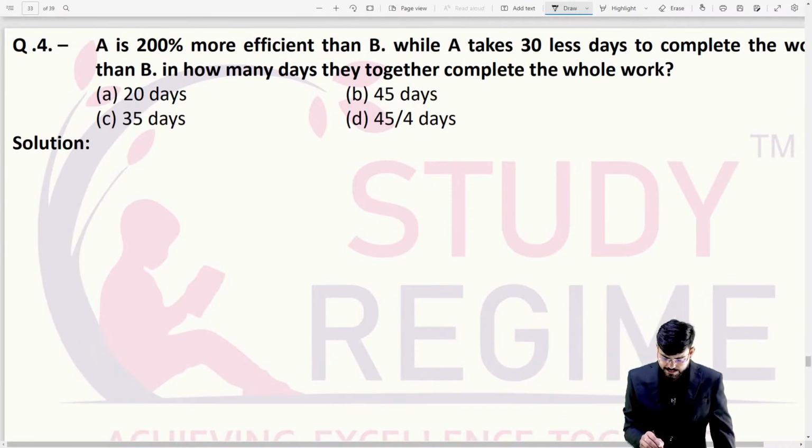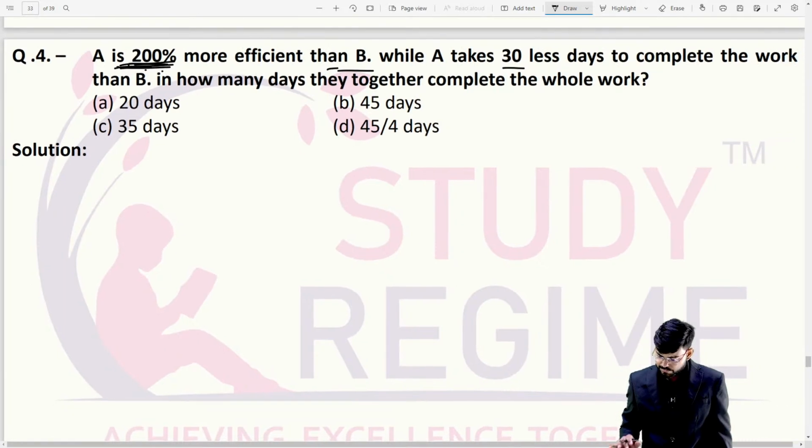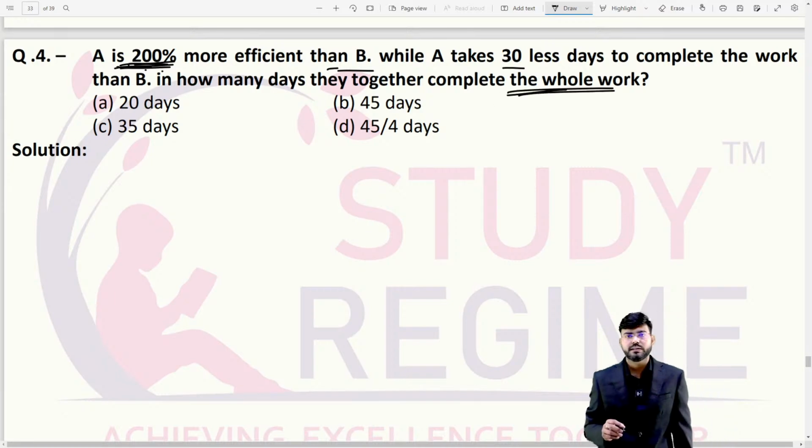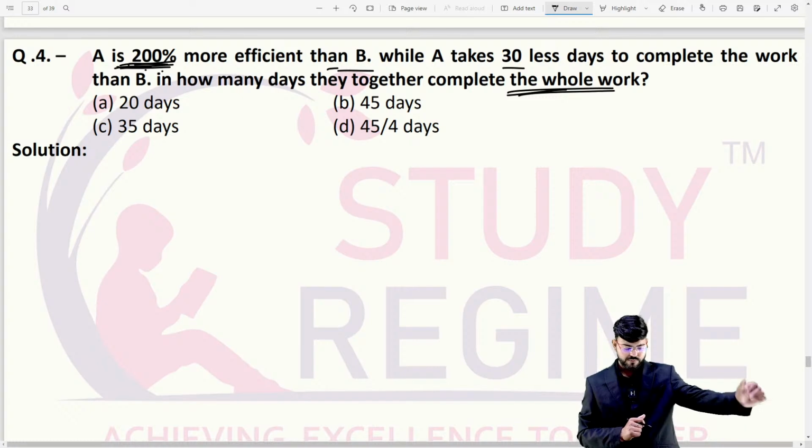Here in this question it is given that A is 200% more efficient than B. Sorry, not 20, it is 200% more efficient. A takes 30 fewer days to complete the work than B. In how many days do they together complete the whole work?